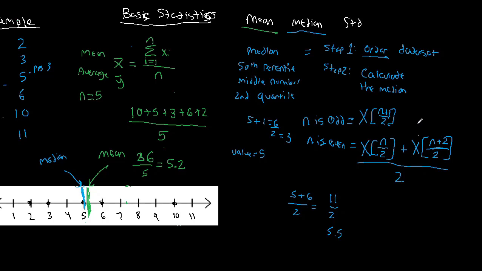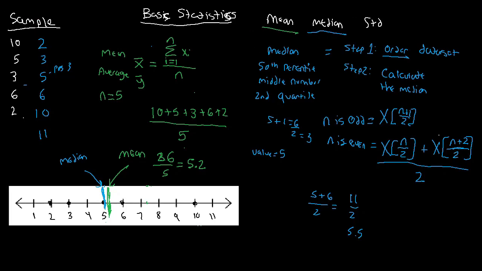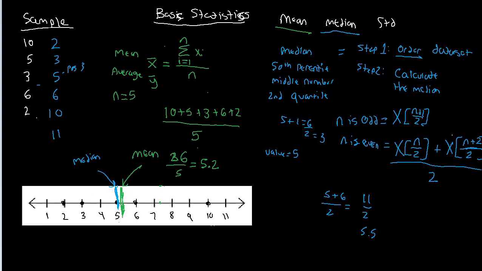So let's talk about conceptually what this median does for us. Visually, what this median does is it's another way of estimating the center of the line between 2 and 10. It's another way of estimating that central tendency.